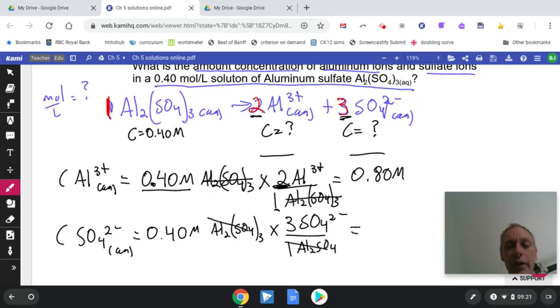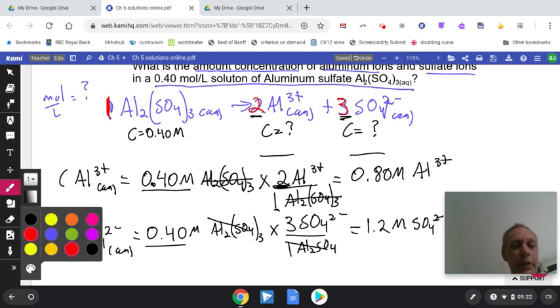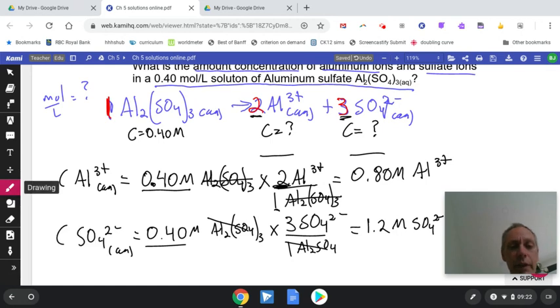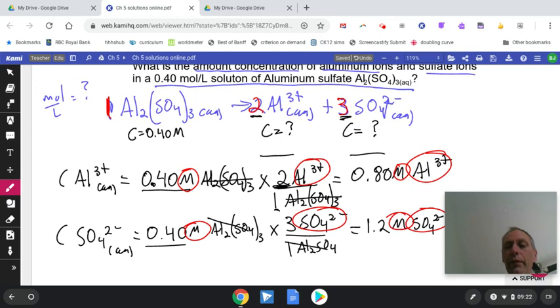And again, those cancel out. 0.40 times 3 is 1.2, and I'm doing 2 sig digs. 1.2 molar, and it's SO4 2-. And up here, this was Al3+. If I write down everything that is left in the equation, we get molar Al3+, and here we get molar SO4 2-. So unit analysis, we're solving for those units.